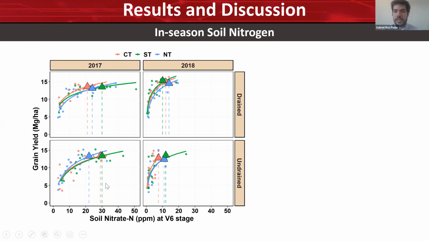So this indicates that there's a lot of variability from one year to another in the optimal soil nitrate values. And that indicates that there is little utility for using soil nitrogen information to guide management decisions to say whether or not we need more nitrogen later in the growing season.